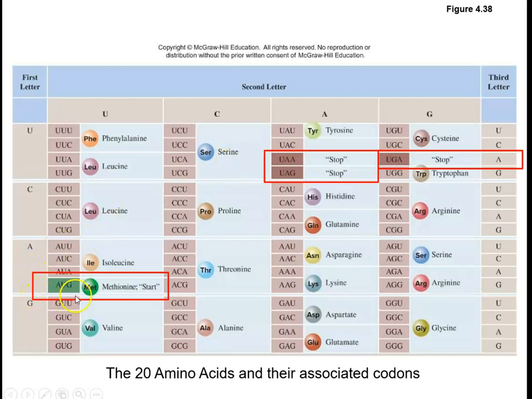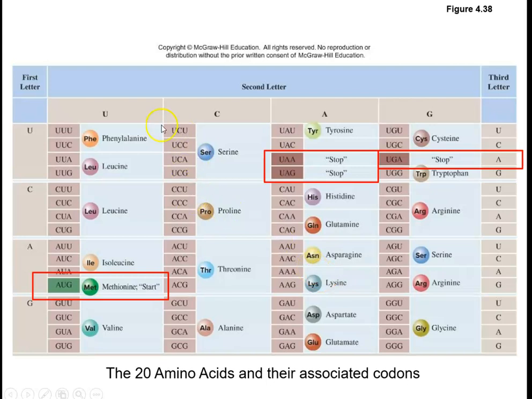Over in this column, you have AUG, which is the start codon, and it codes for methionine, an amino acid. Here you have your 3 stop codons, and I would be familiar with these. And you'll note that they do not code for an amino acid. All these other codons code for an amino acid.